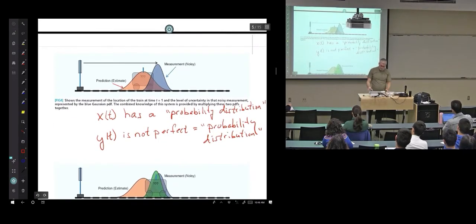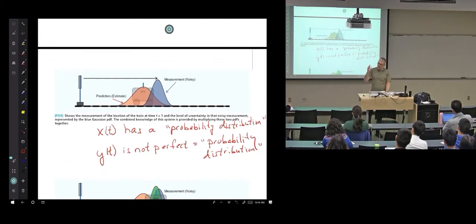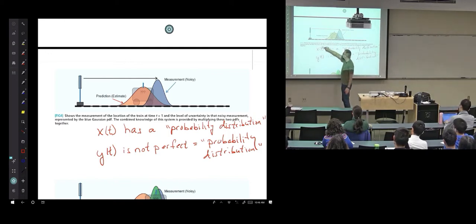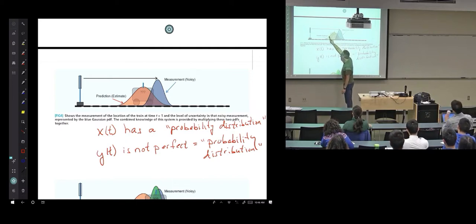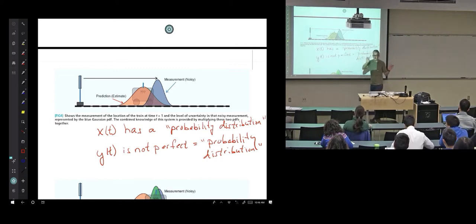But now we have these things called sensors, and we make a measurement. If I just propagated forward my uncertainty, here's my mean value, and I've got a certain standard deviation. We will define these terms precisely in a second, but we have a spread about that mean. Unfortunately, my sensor is not perfect either.